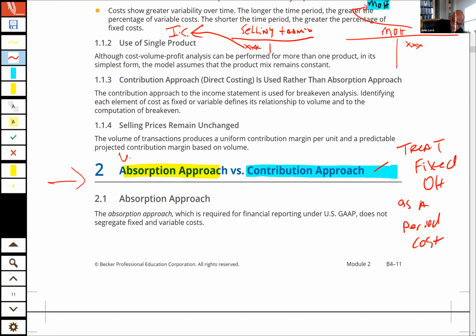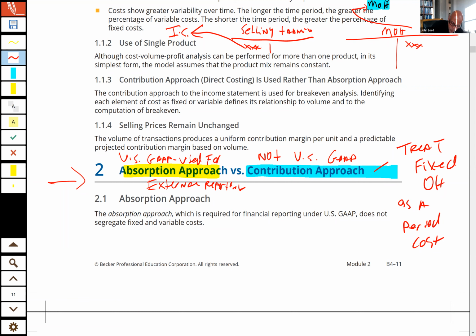Okay. Now, absorption approach is what I just described. That is US GAAP, used for external reporting. I'll write it down here. When you pick up a company's financial reports, they're using the absorption approach that we just talked about. Contribution approach is not US GAAP.